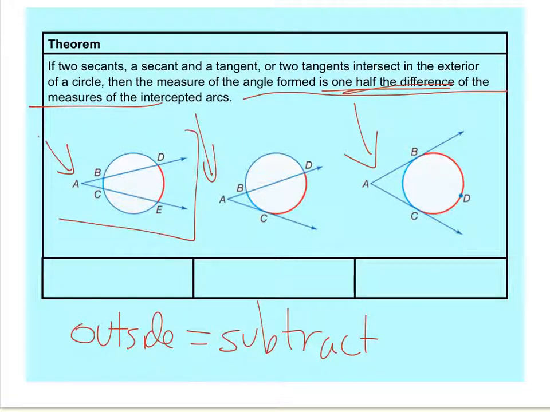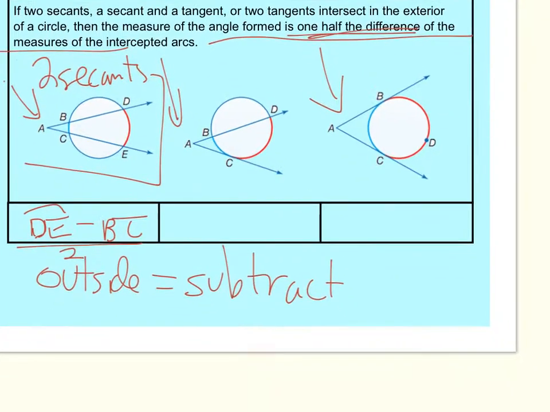So, this is 2 secants. Okay, so that means you're going to take DE minus BC divided by 2. For here, you've got 1 secant, 1 tangent.